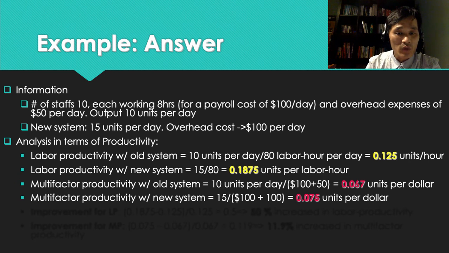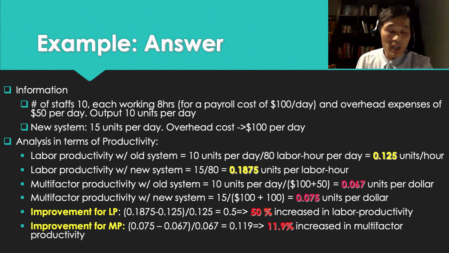So 15 divided by 200 will give you 0.075 units per dollar. So we see that it increased a little bit from the old system, 0.067 to 0.075. There was a slight increase, but how much is it? We have to calculate that.